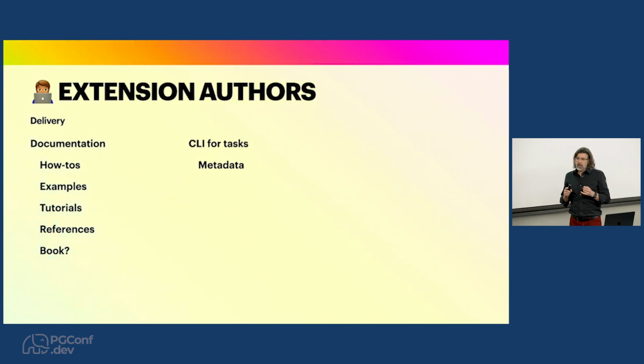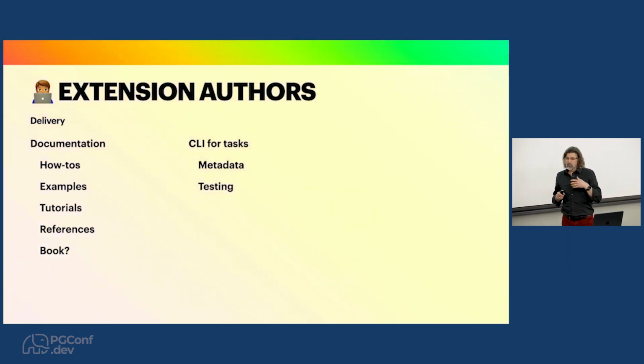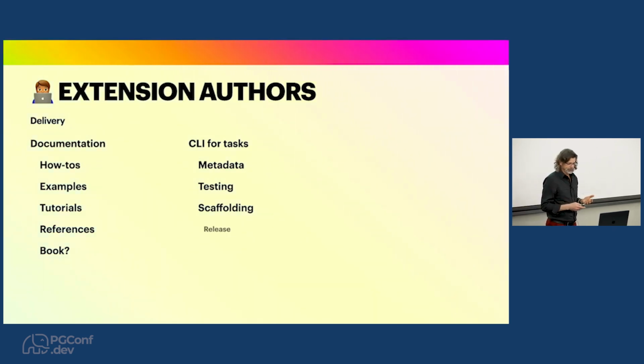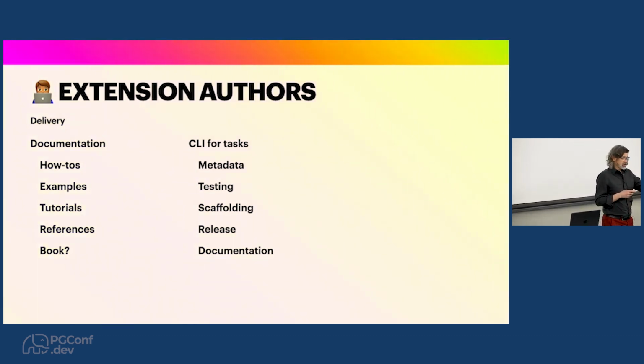We want to create a command line client or update the existing client to allow authors to more easily manage the metadata for their extensions, to manage testing across platforms and Postgres versions. Scaffolding and templating to add things to your extension source code. Commands to release or to scaffold documentation.